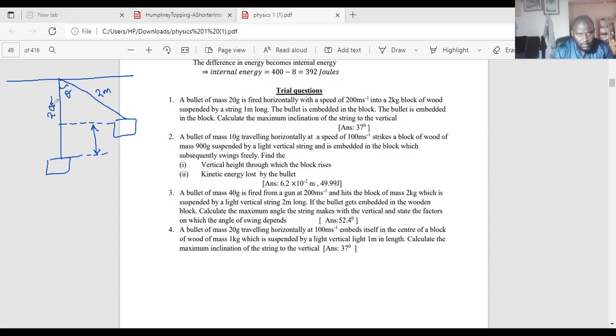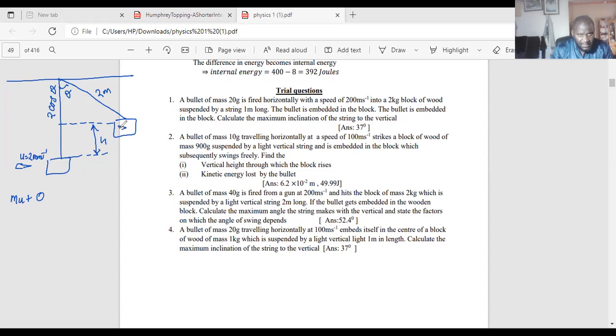So this is 2 cos theta. This is the height. The bullet was moving at an initial speed of 200 meters per second. So initially, the momentum is the mass of the bullet plus 0 momentum for the block.